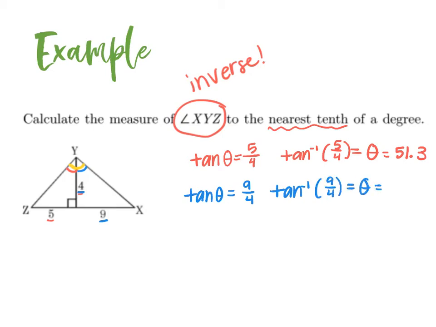So second tangent, 9 over 4, is going to be 66.04. And if I add those together, that gives me 117.34, which is approximately 117.3.